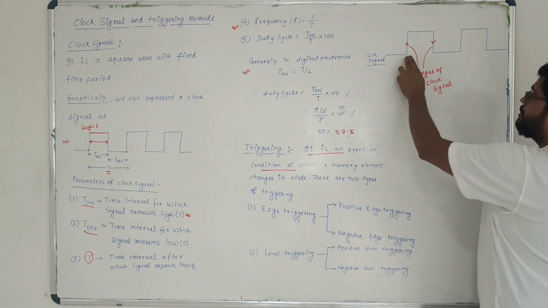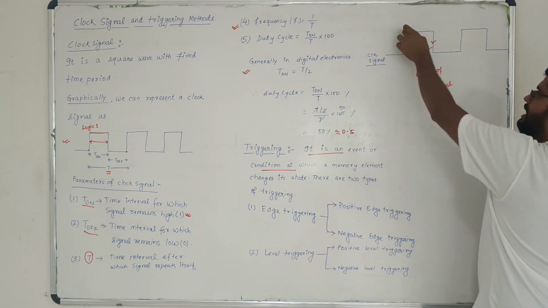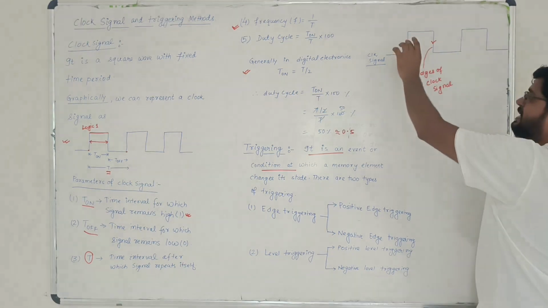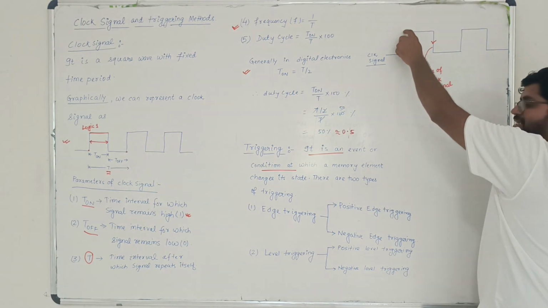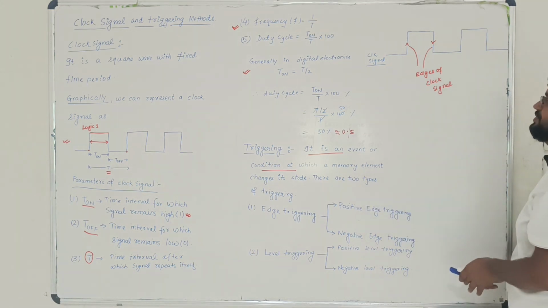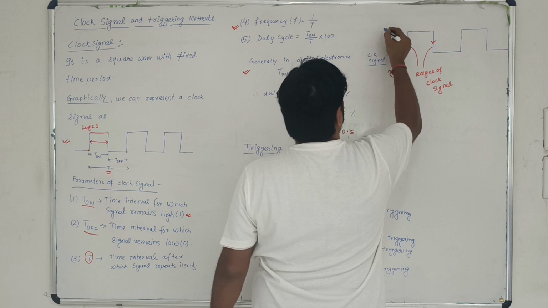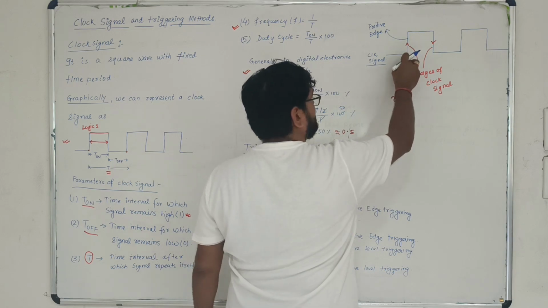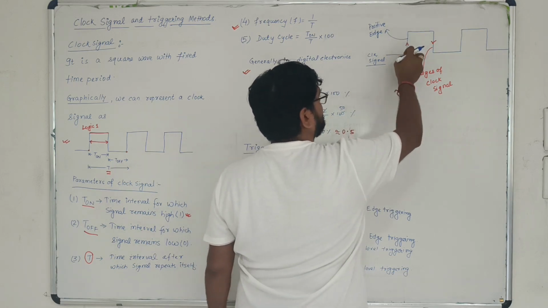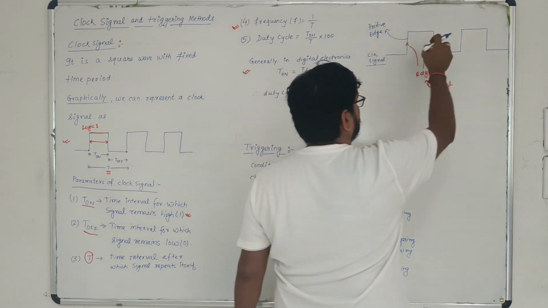Now, when we are going from logic 0 to logic 1, or low to high, the edge at which we go from the lower state to the higher state is called the positive edge. This edge is called the positive edge.